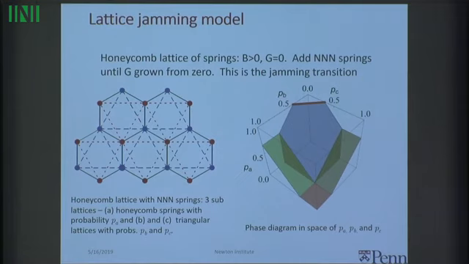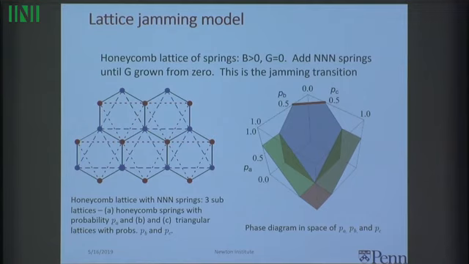And when we add these, I can take the lattice with both present, and I can give a probability PA to be in the honeycomb lattice, PB to be in the blue triangular lattice, and PC to be in the red triangular lattice.